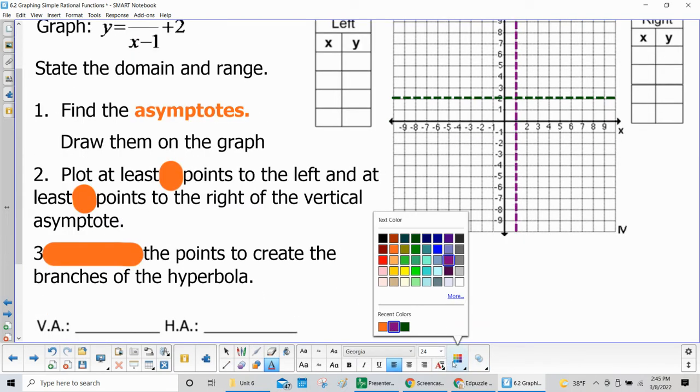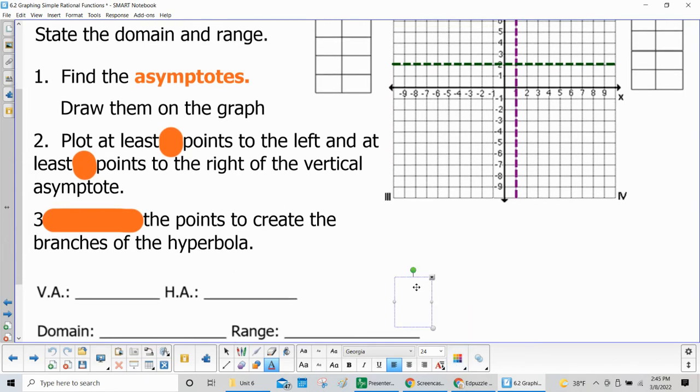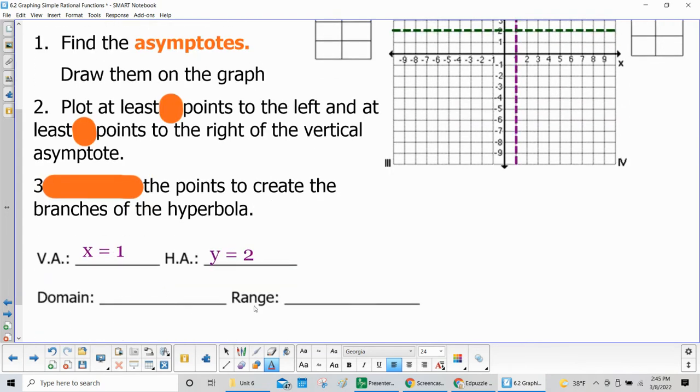And so I can say, once again, my vertical asymptote is x equals 1, and my horizontal asymptote is y equals 2. So nothing too terrible there. We also are going to be able to tell what our domain and range are based on our vertical and horizontal asymptotes.